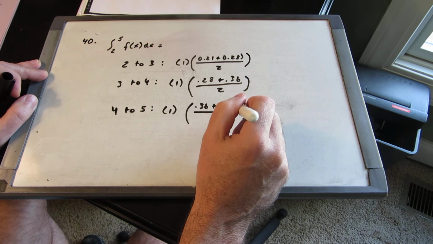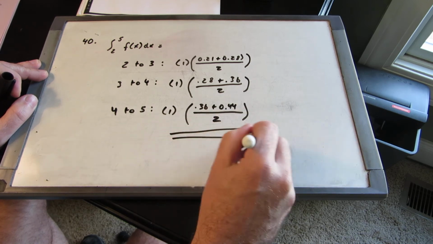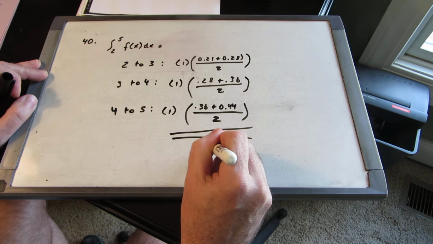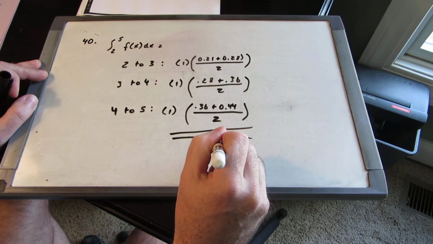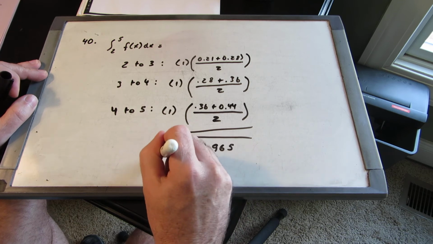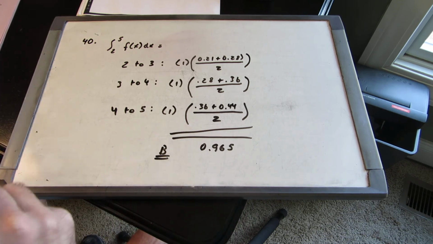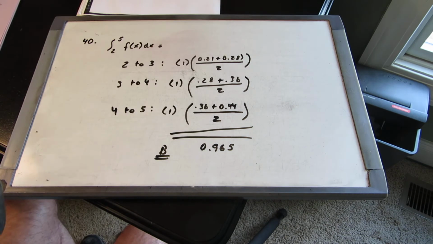Okay, I don't have the numbers for those individually, but if you add those three up, it'll be 0.965, and that corresponds to B. So trapezoids are easy, not much harder than rectangles.